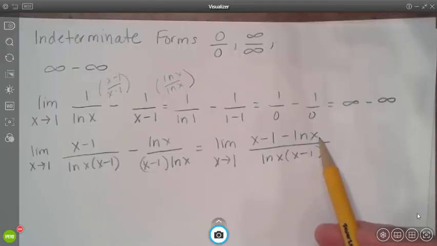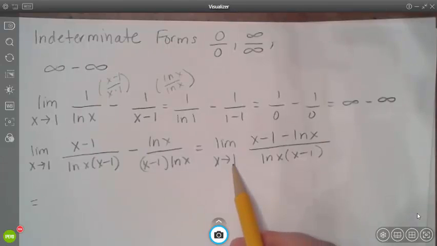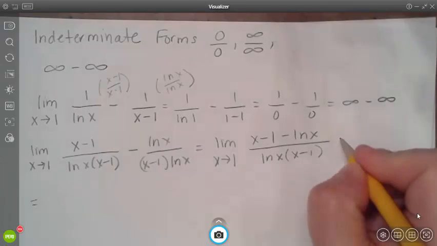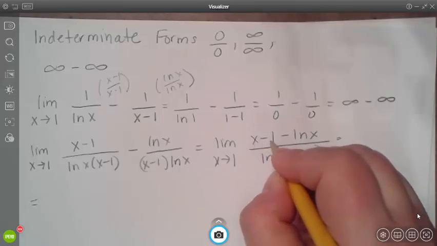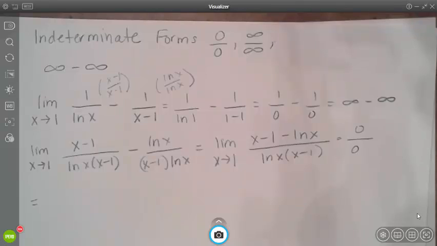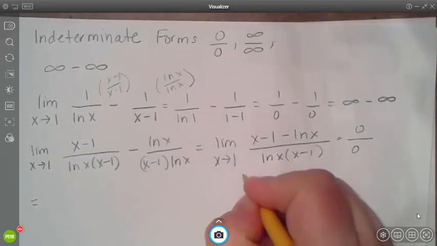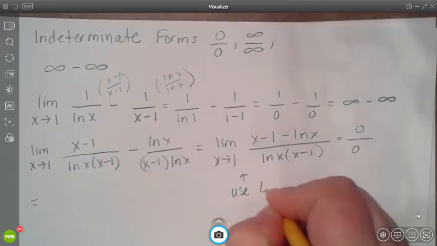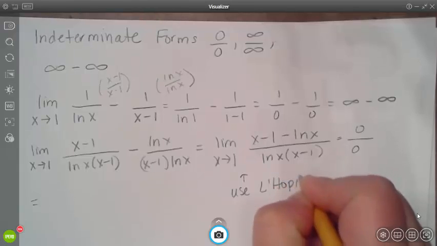We're just multiplying in our denominator. Now if I plug in 1, I get 1 minus 1 is 0, minus the natural log of 1 is 0, so I get 0 over 0. So now we can use L'Hopital's rule because we have 0 over 0.